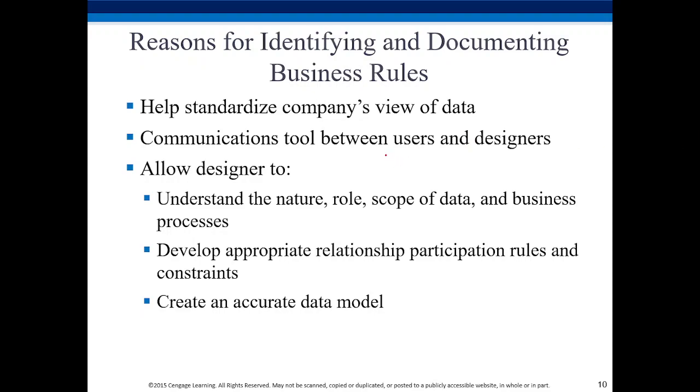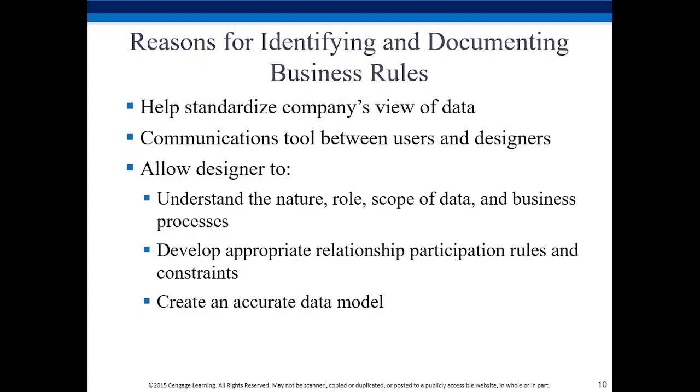The business rules come from the users themselves, via interviews. It also allows the database designer to understand the nature, role, and scope of data and business processes. The business rules list the nature, the present components, scope of data, limitations, constraints, etc.